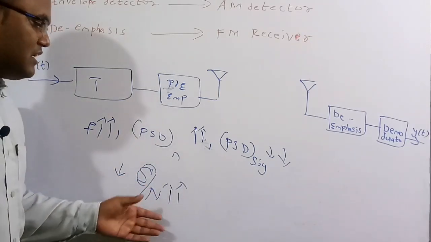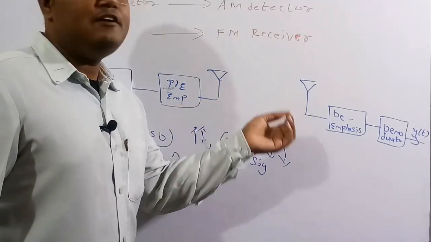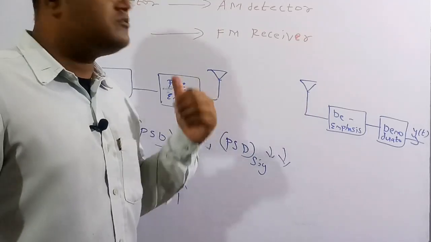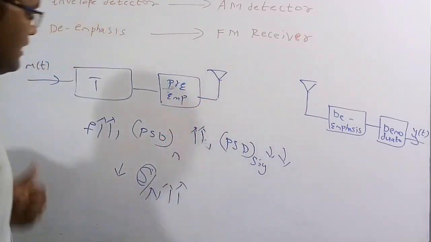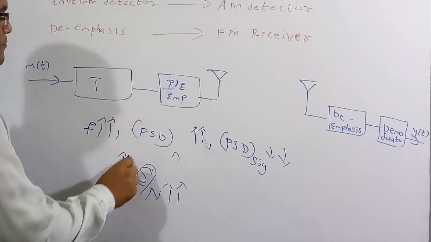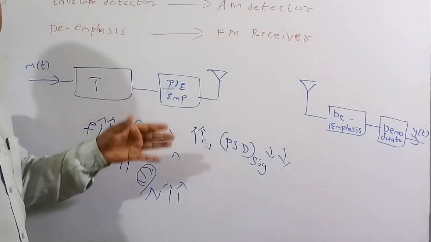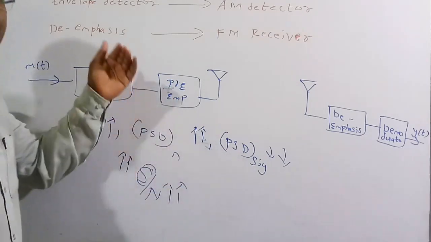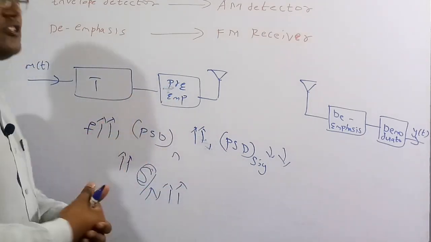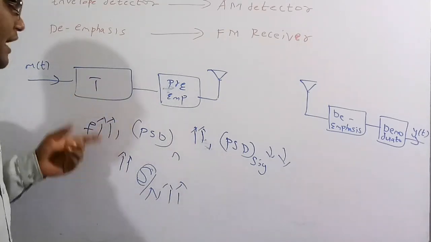Because of this, the signal we receive at the receiver will have more noise compared to the signal. So we have to increase the signal power. At high frequencies the amplitude of the message signal decreases, so the power decreases and the signal to noise ratio also decreases. So we keep a circuit that increases the amplitude at high frequencies.